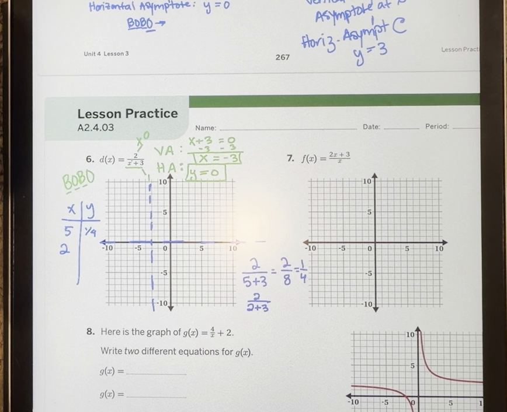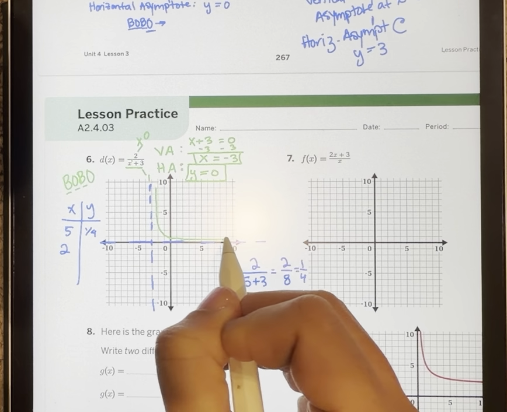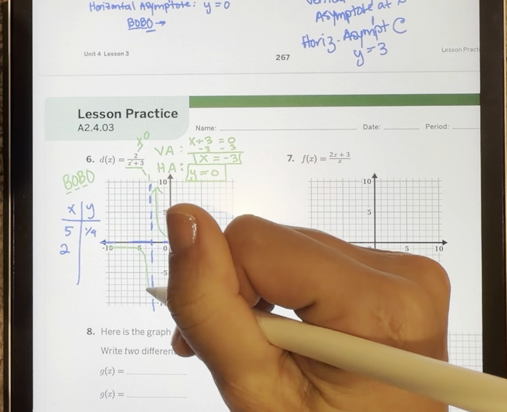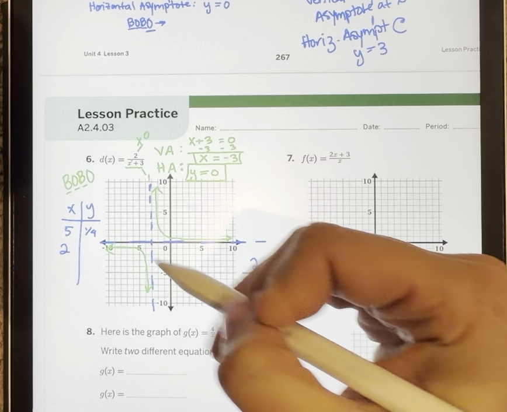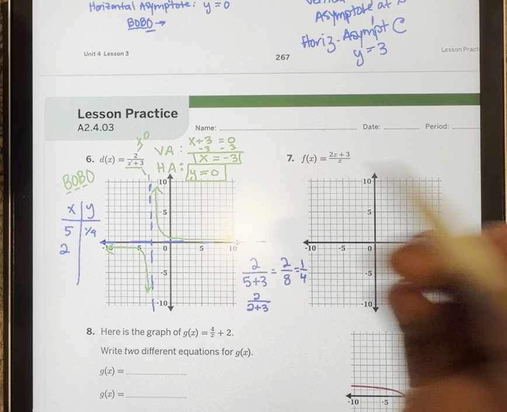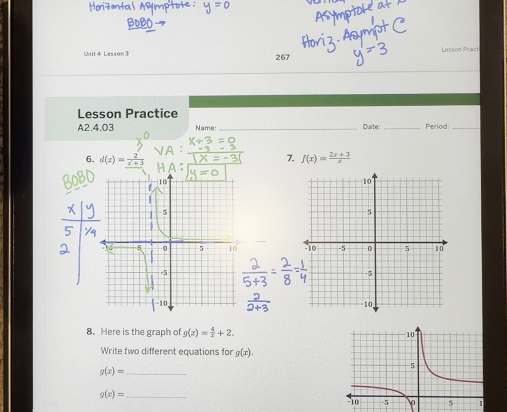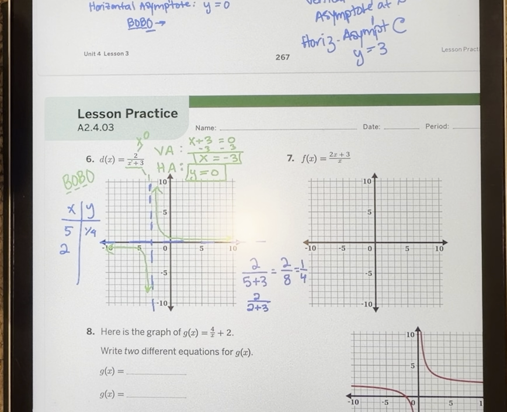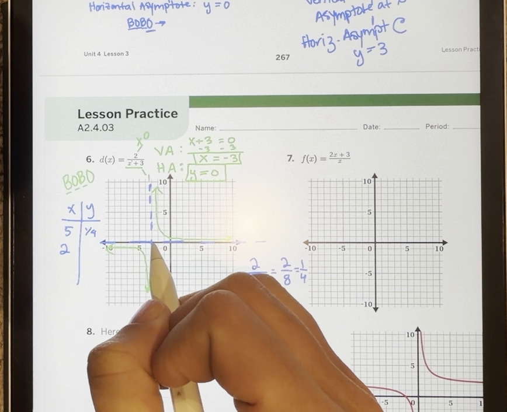And again, I know this to be like there and here, just because it's positive. And I've seen enough of these to know that the positive ones are here and here, and the negative ones are here and here. But now looking at our table, 5, 1/4 makes a lot more sense than how I had graphed it before. And then 2 is no longer a good choice because we need something to the left of our asymptote.